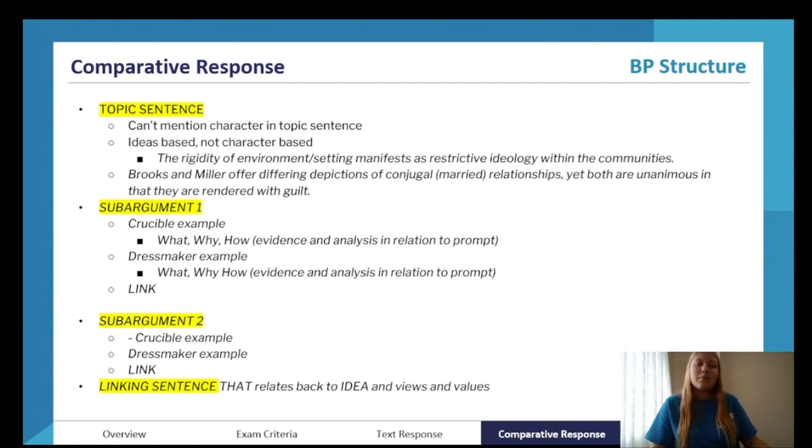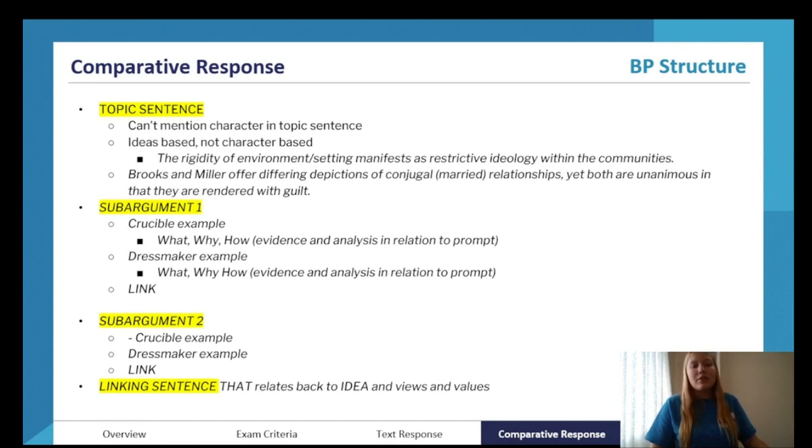For example, Brooks and Miller offer differing depictions of conjugal married relationships, yet both are unanimous in that they are rendered with guilt. So we identify the difference without elaborating on it whatsoever. In the actual body paragraph, we will discuss how they are different, but we do identify the similarity, what is similar within the message.